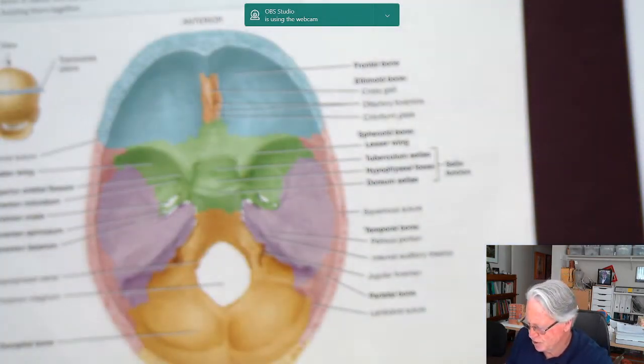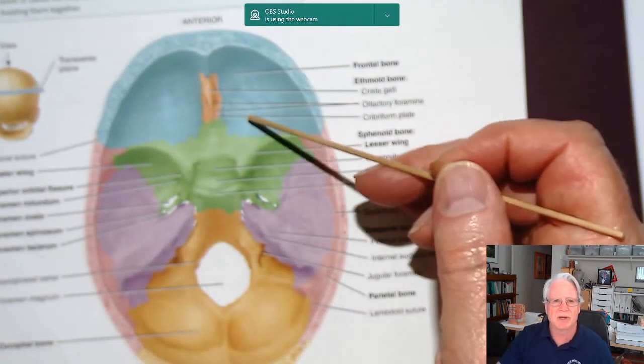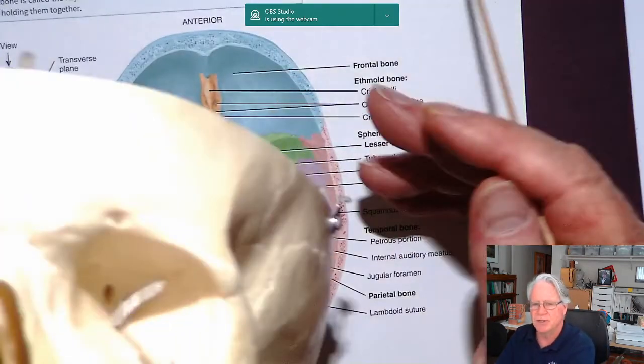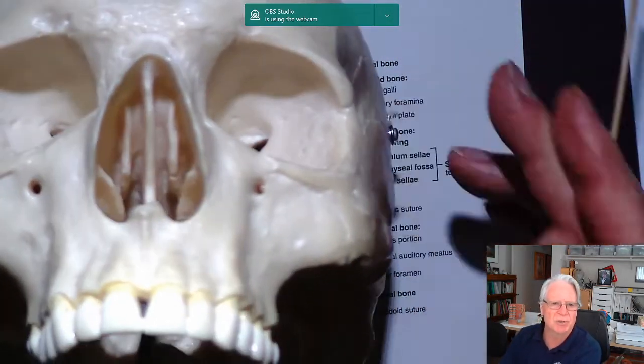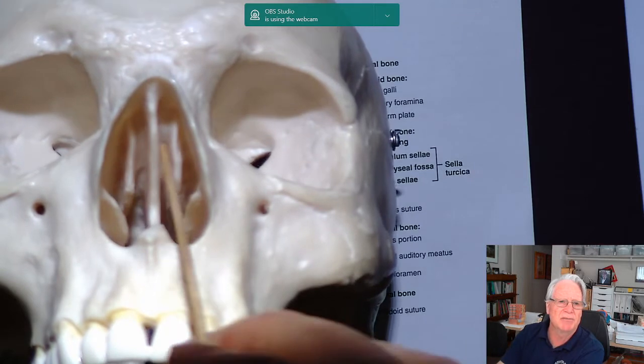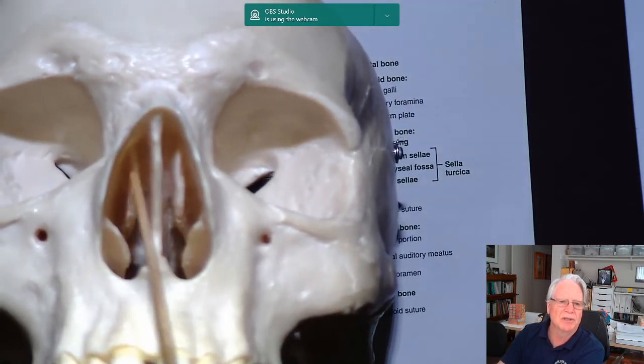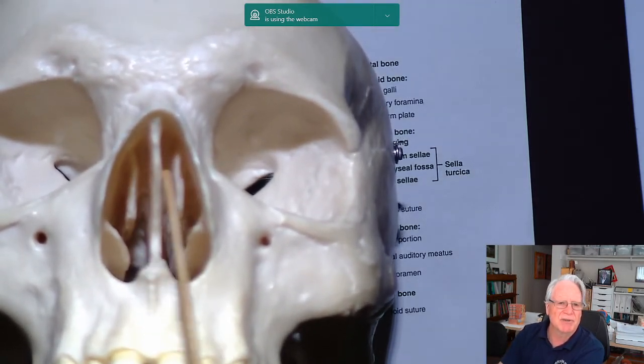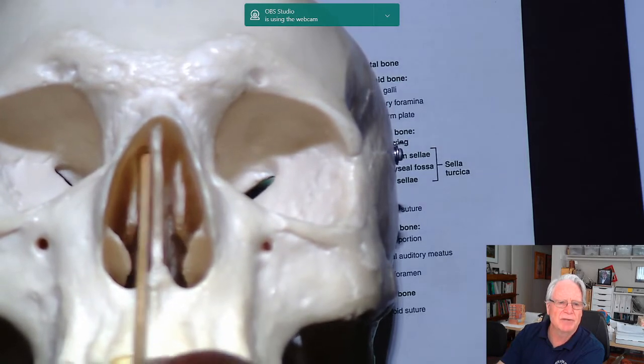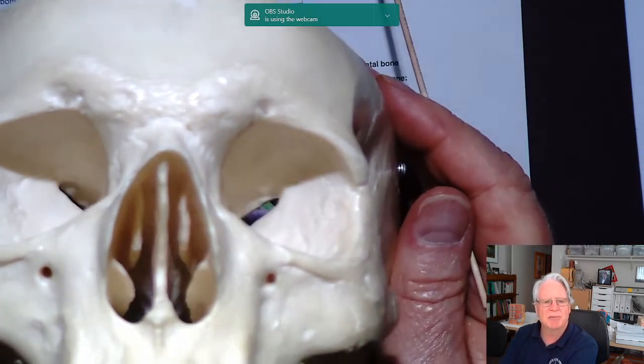So those structures are actually the nerves that pass through those openings. They begin here at the bottom, or I should say the roof of the nasal cavity. And this is your olfactory membrane. It is a mucous membrane.